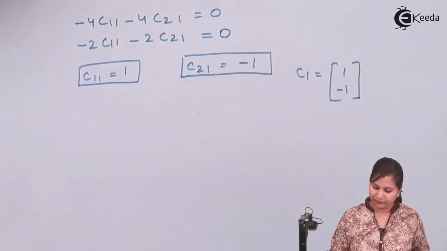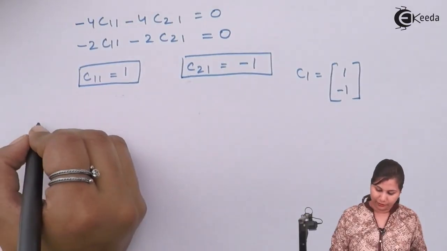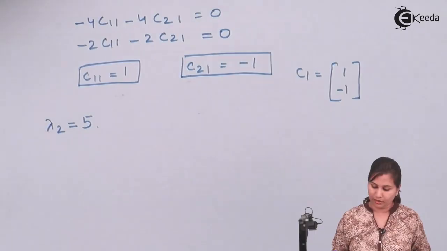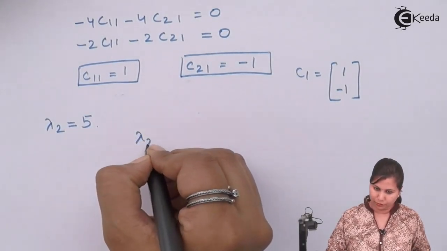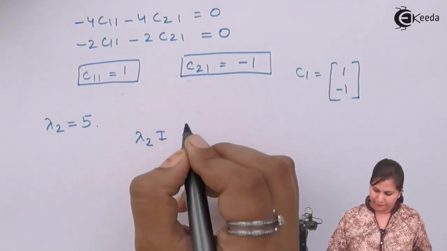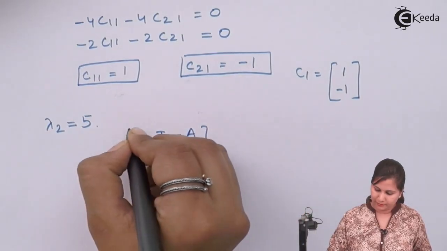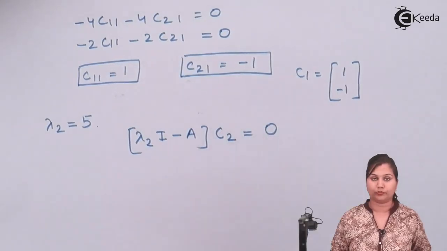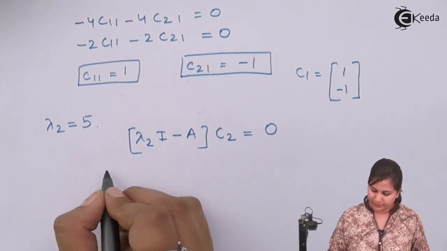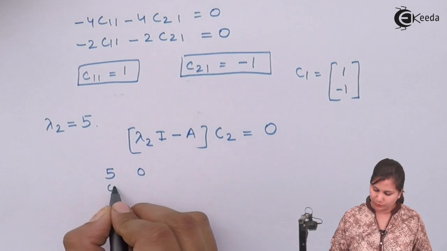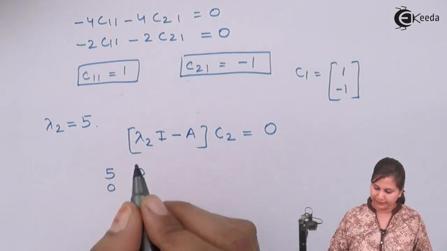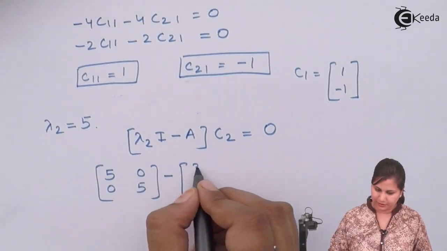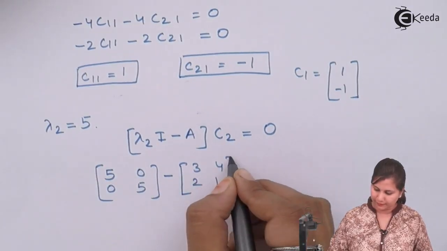Now for second eigen vector, we will take the second eigen value lambda 2 equals to 5. For this we will have lambda 2 I minus A multiplied with C2 equals to 0. Again put the values 5, 0, 0, 5. We have multiplied it. Then minus A is 3, 4, 2, 1.